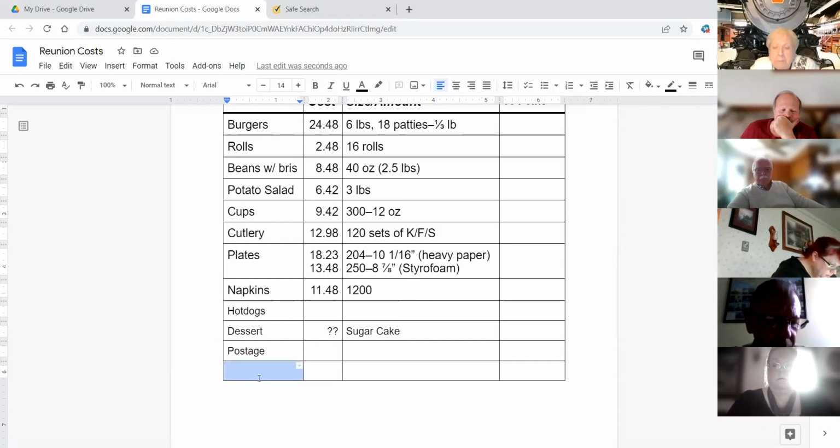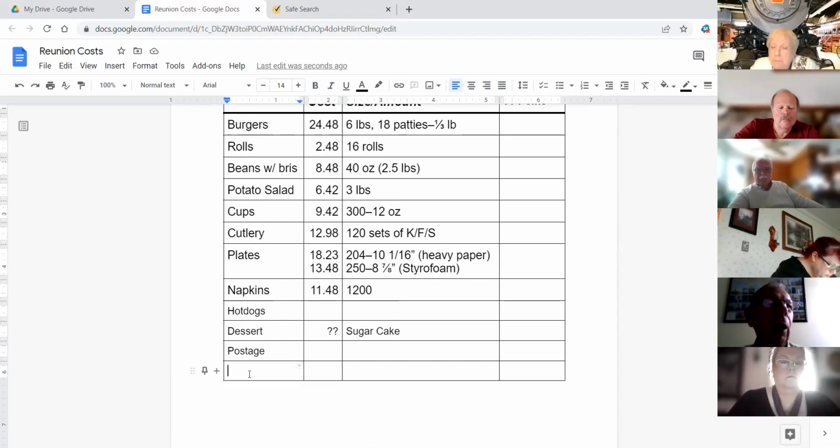So even calculating some of that in, I'm looking at $500 in postage and all that stuff. We're still only looking at a cost of $10 a person, and if there's incidentals, it wouldn't be much.